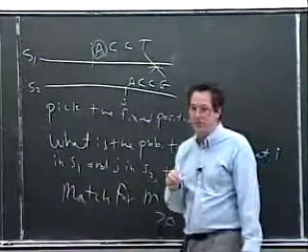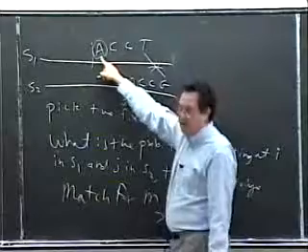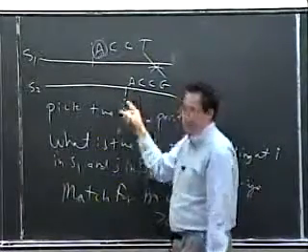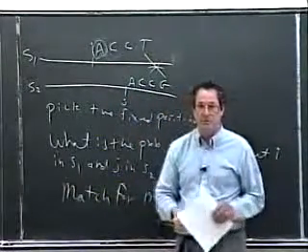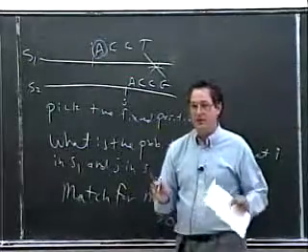Sometimes people think it should be P squared. The probability that this is an A up there is P, and the probability that this is an A down there is P. Multiply them together, it's P squared. That's the wrong thinking.